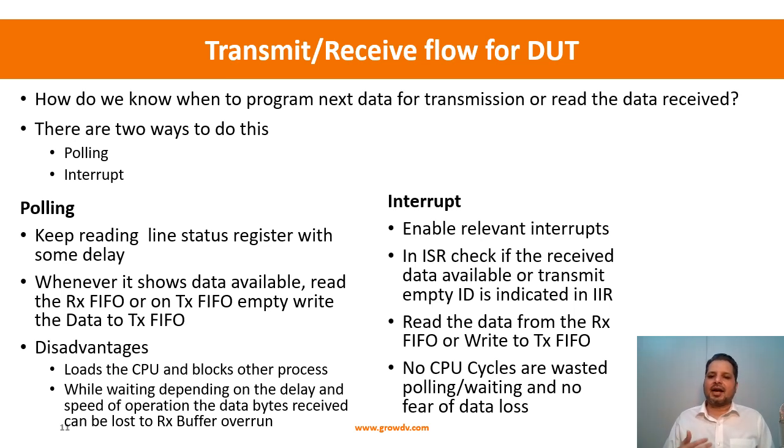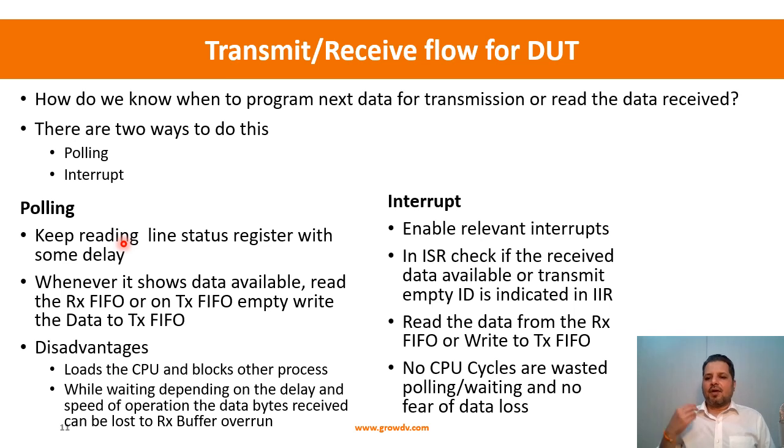Or on the receive side, when do I know that there is a character available that the processor can read? To know these, there are 2 ways in which a processor can find out. One is polling. In polling, it keeps reading the line status register with some delay. Whenever it shows that data is available with that bit DR, then you read the RX54.